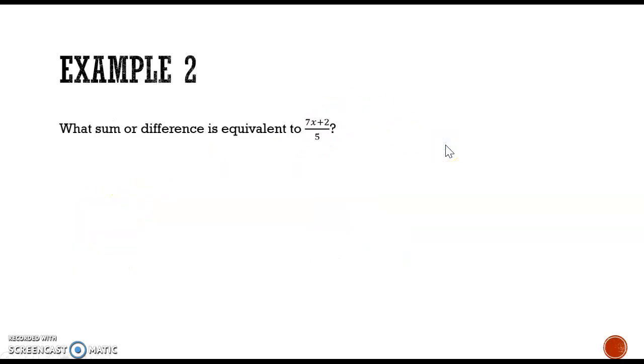Cha-ching, cha-ching. All right. So what is the sum or difference of this, or is equivalent to 7x plus 2 divided by 5? Remember we talked about that multiplicative inverse. So we are going to change that divide by 5 into a 1/5. So we're going to do 1/5 times 7x plus 2. And so when we multiply fractions, in case you forgot, 1/5 times 7, I'm going to put the 7 over 1, so that makes it a fraction.